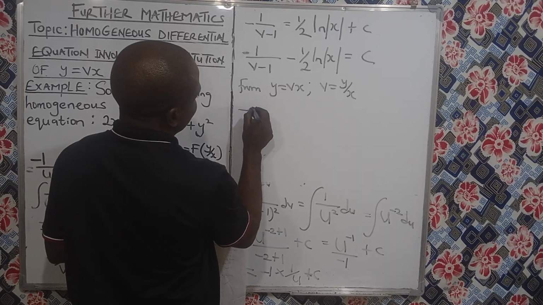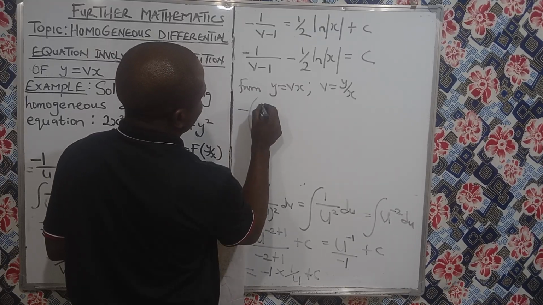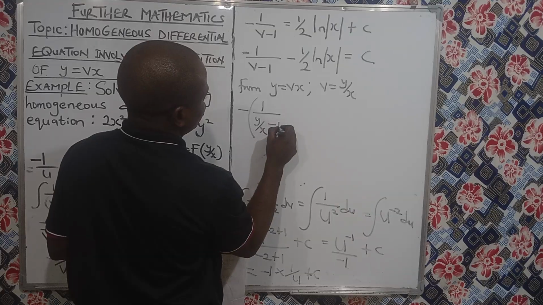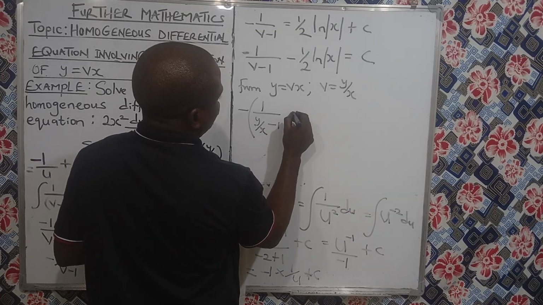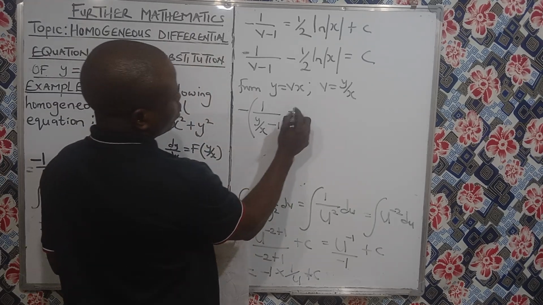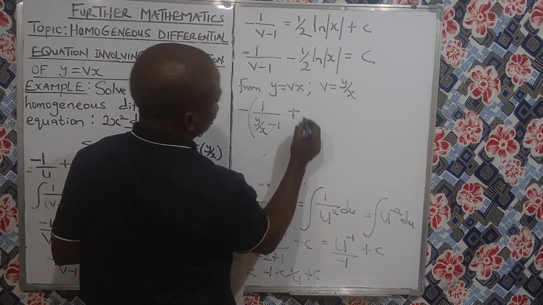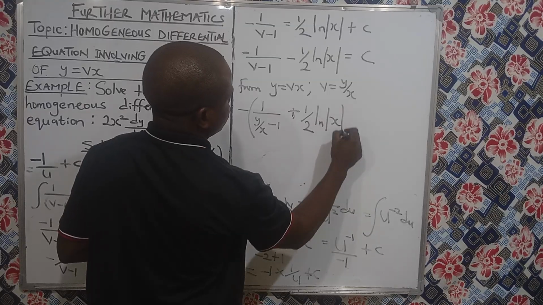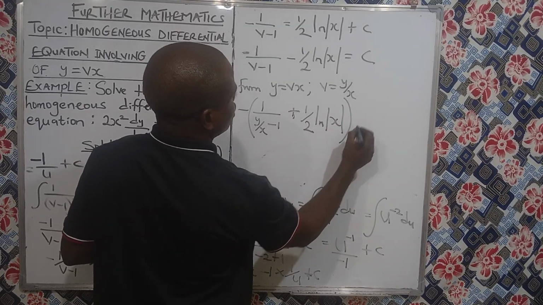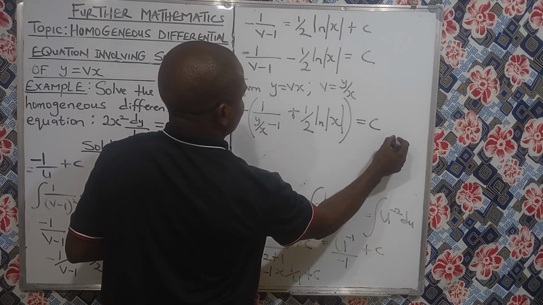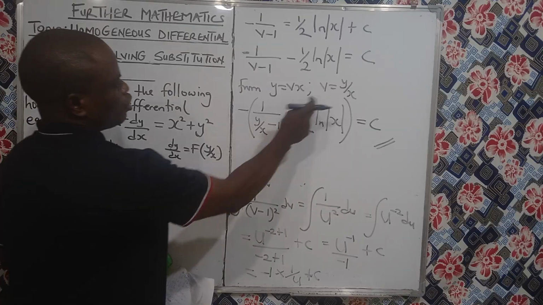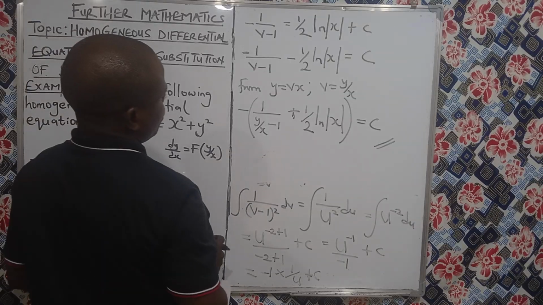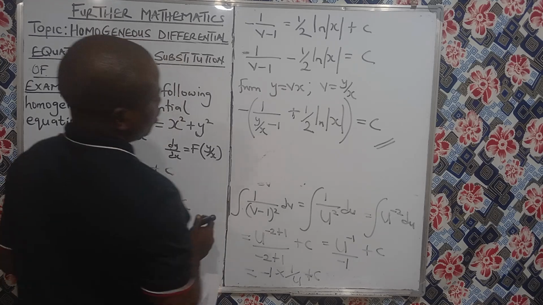So it becomes minus, open bracket, 1 over y over x minus 1, plus, when you bring the negative out, you can make what's in the bracket positive, but when you open the bracket you get your negative back, 1 over 2 ln x, close the brackets, equals C.